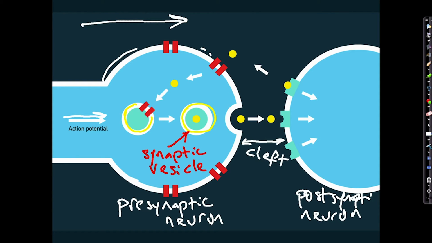A vesicle generally simply refers to a spherical bubble of membrane normally found inside cells, and these very small bubbles of membrane that you find in the synaptic bouton are a specialized type of vesicle known as the synaptic vesicle.